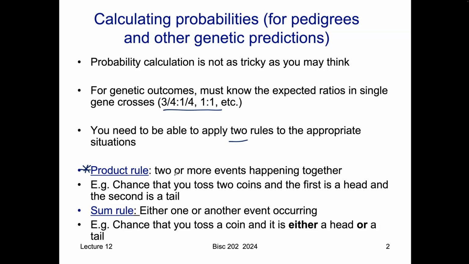So you toss 2 different coins. Coin number 1 comes up heads and coin number 2 comes up tails. Those are 2 different events happening at the same time. So you would take the probability of the first and you would multiply that by the probability of the second, and it would be a half times a half, right, is a quarter.